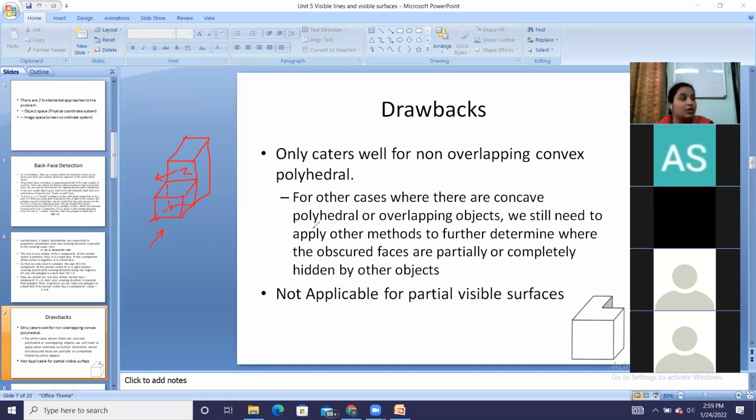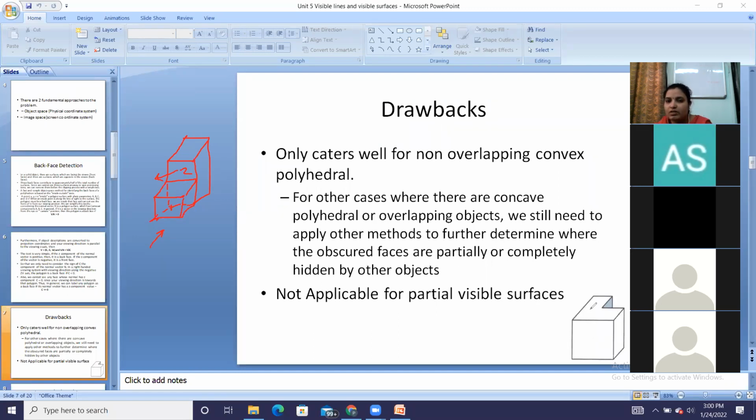Similarly, if I consider this type of diagram, which is a partially visible face, here you are observing a blue color. This blue color is visible because this side is visible. So only this blue part is visible, but the remaining portion is invisible.